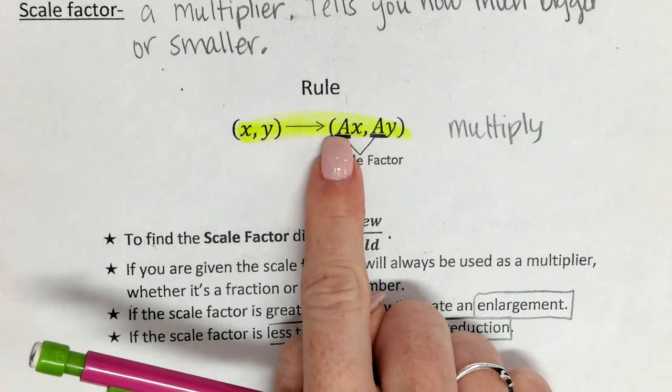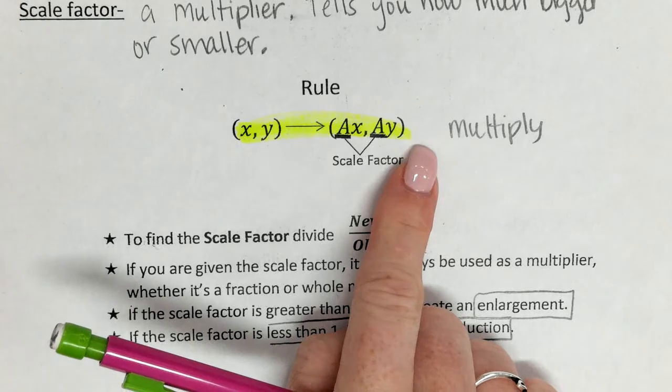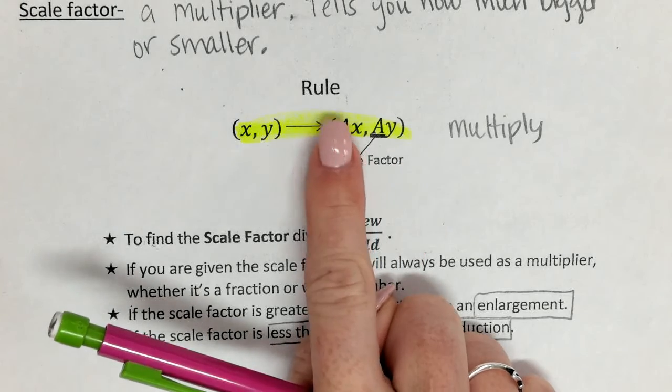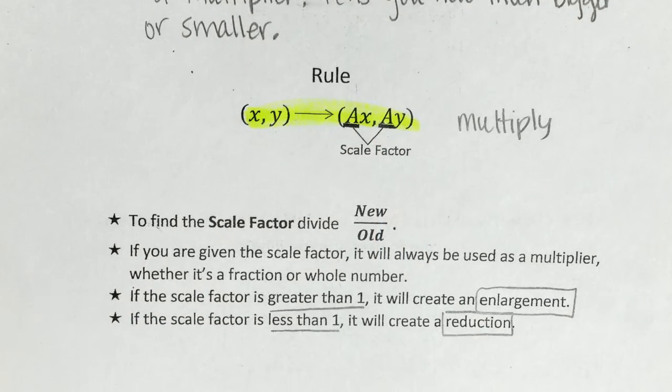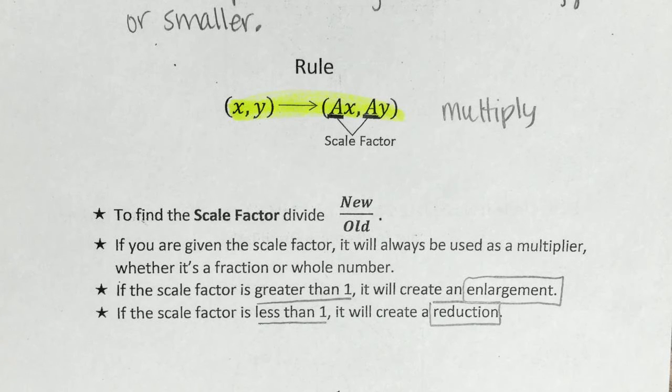So does everybody see A times X, A times Y? That A is your scale factor. So if I have a scale factor of 2, my rule would be 2 times X, 2 times Y. If I have a scale factor of 5, 5 times X, 5 times Y. That's all you do is just put the number as the multiplier.